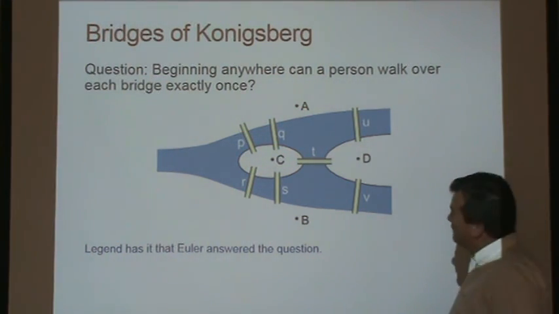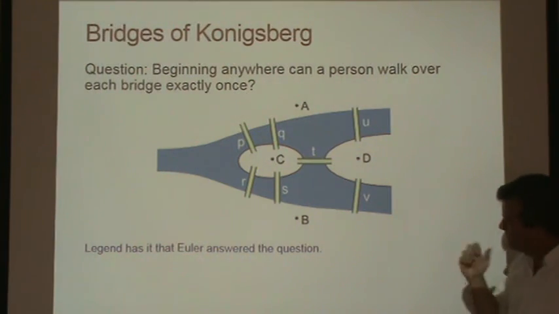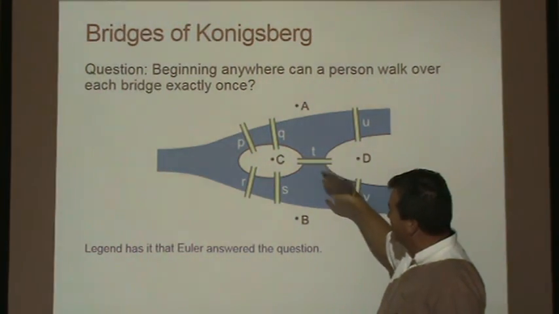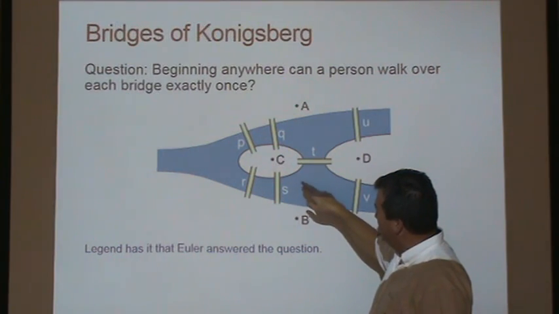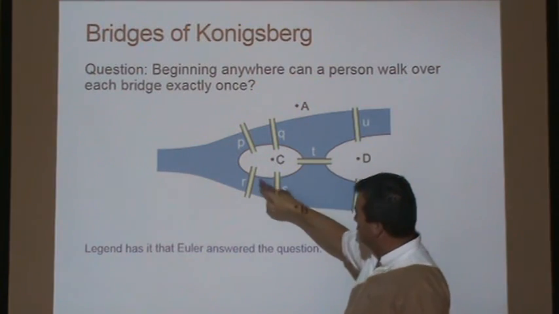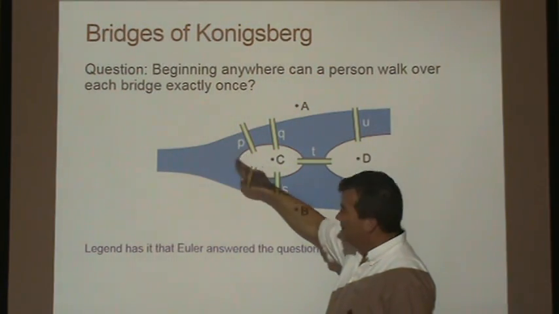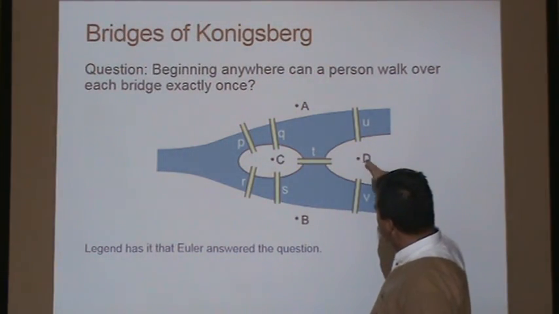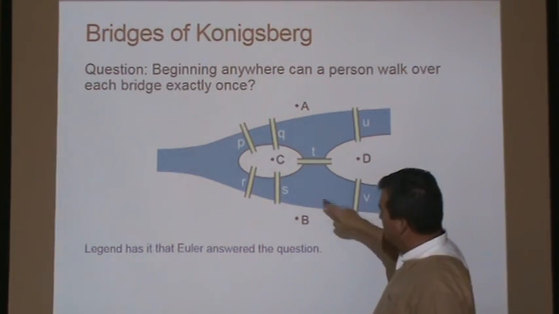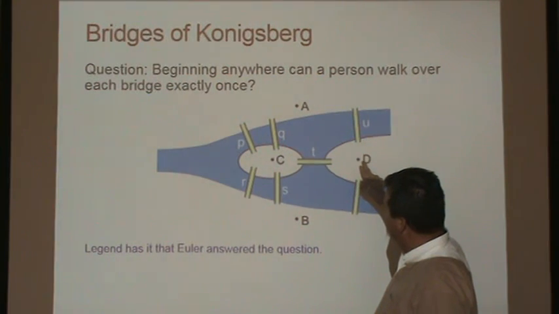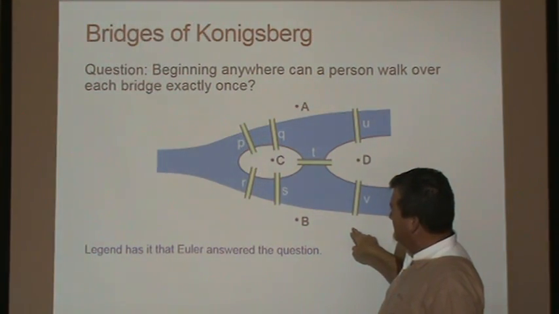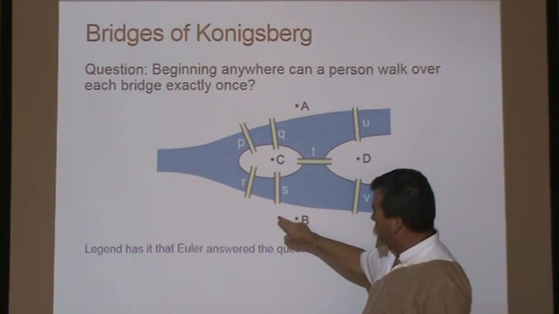Can't get to D to D. D to V. So I guess one way to solve this is, wait, did you have a method? From where? D to D. D to B. Over here. C to D. Then D to B. And then you have to go over one of these two.